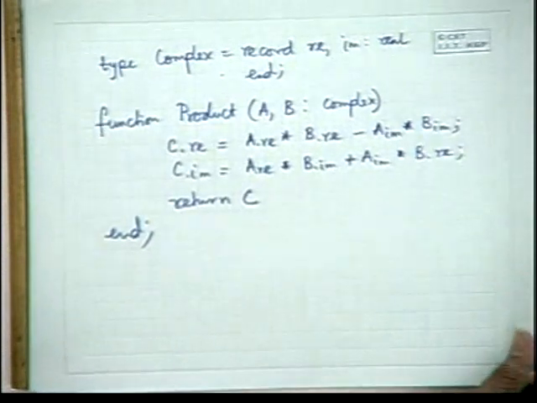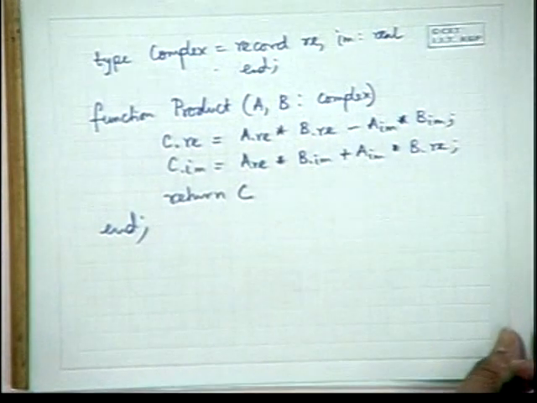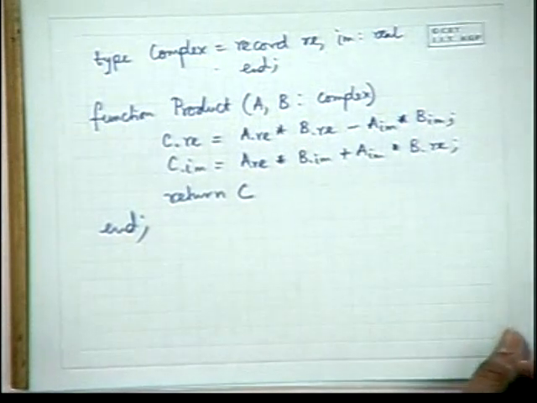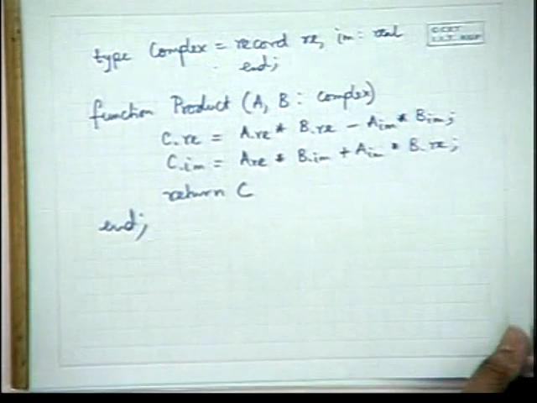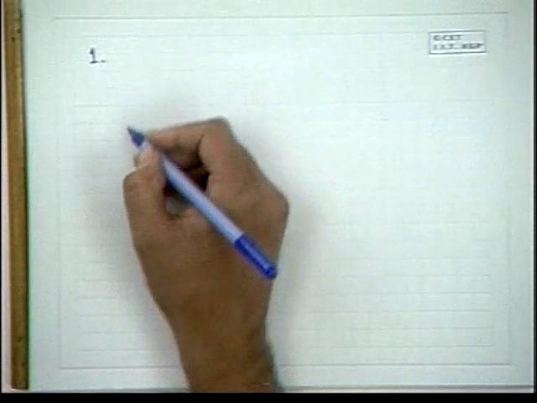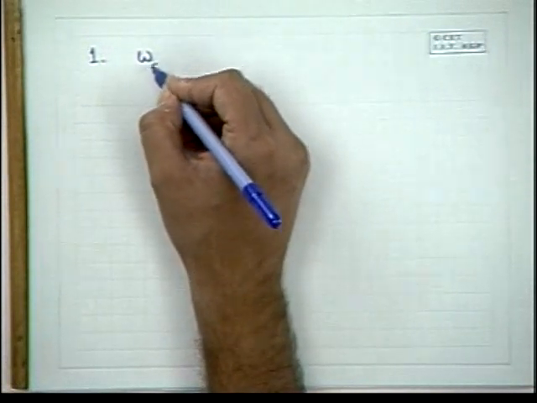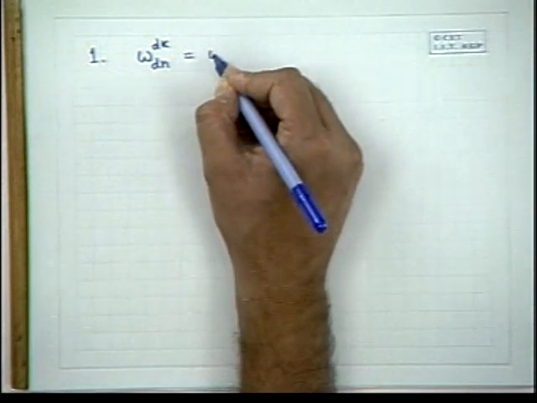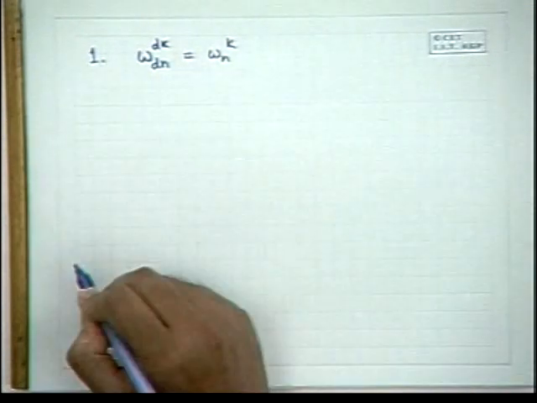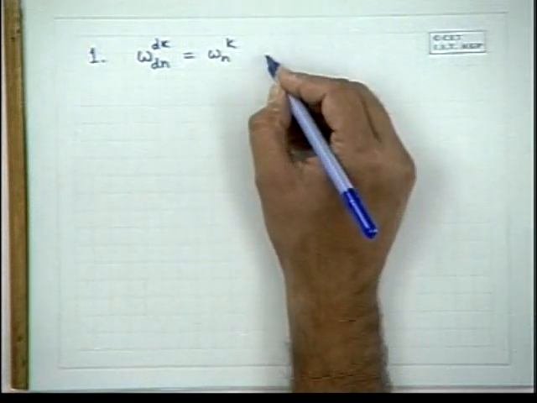Now I state some of the properties of these roots of unity. The first property I am going to write is this: W dn dk, I can write this as Wnk. Why does it follow?